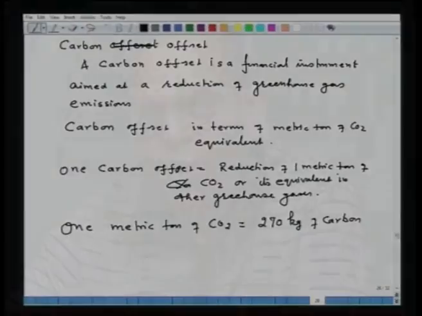That means, if we want to generate 1 carbon offset, we have to reduce 270 kg of carbon in our process by making the furnace more energy efficient. Now, the reduction in carbon depends upon how efficient the furnace is. There are several ways to generate the carbon offset.